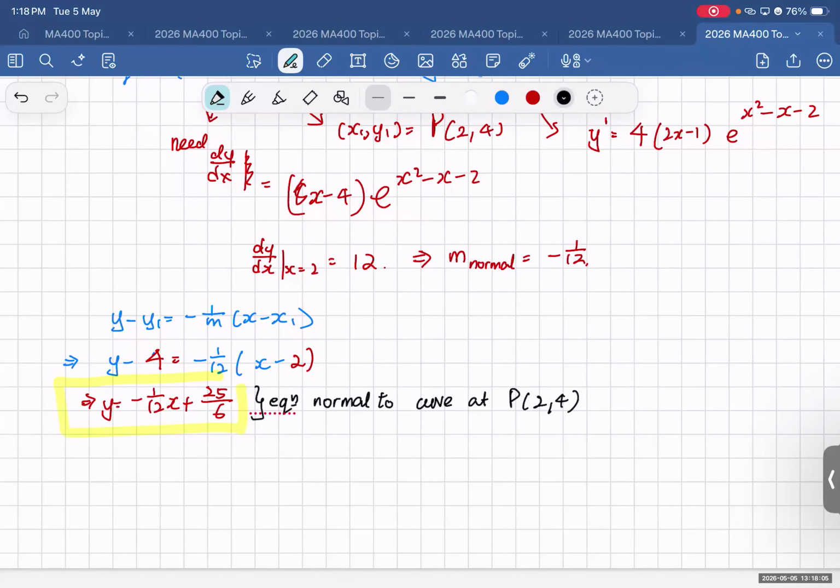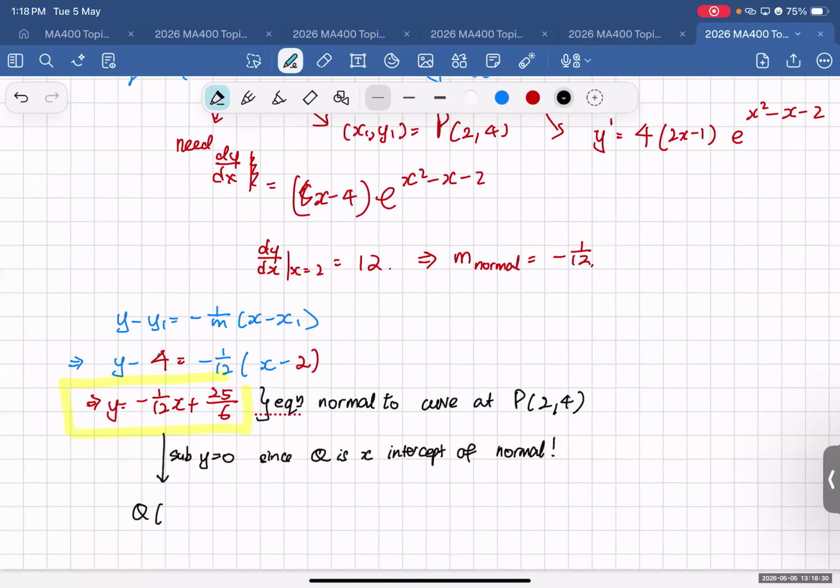Then from here, we substitute y to be 0, since Q is the x-intercept of the normal. So Q is (50, 0).